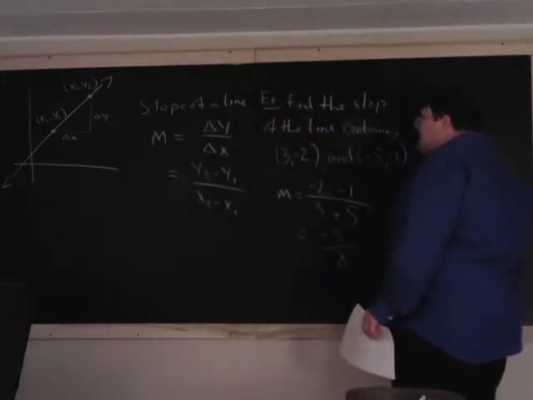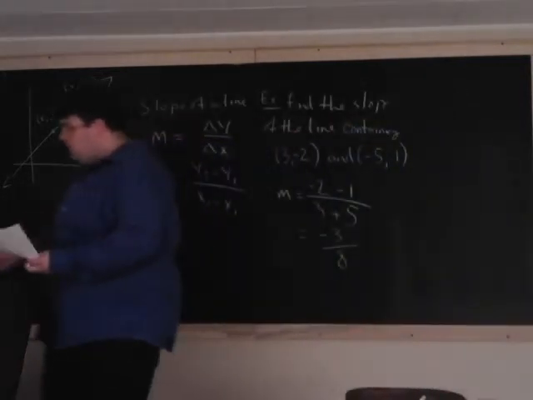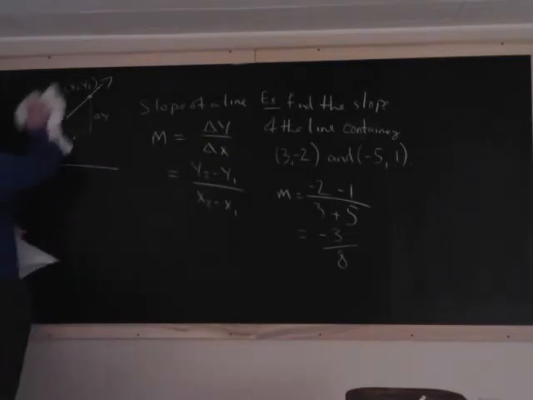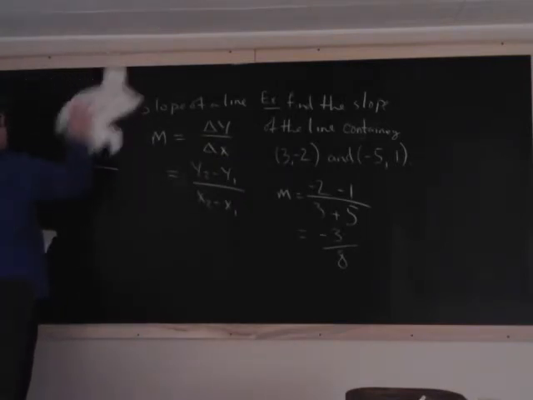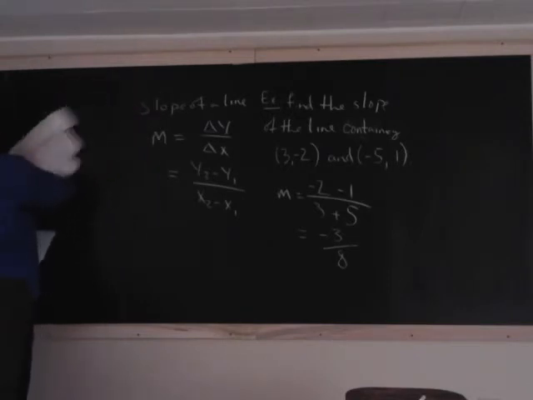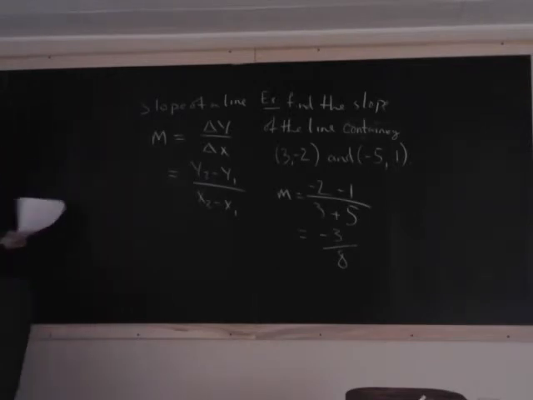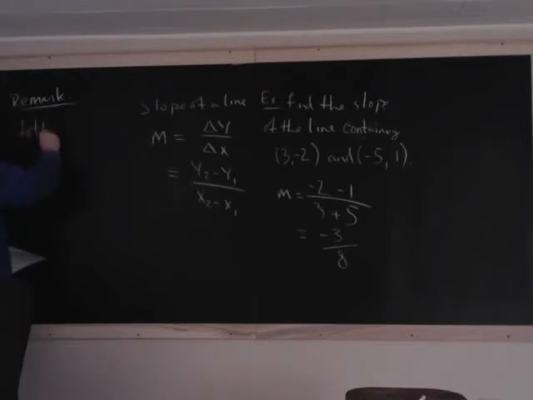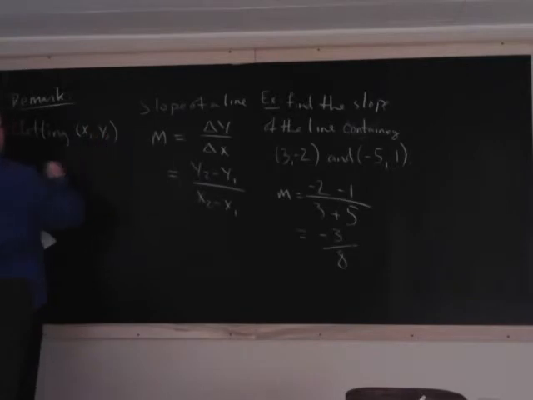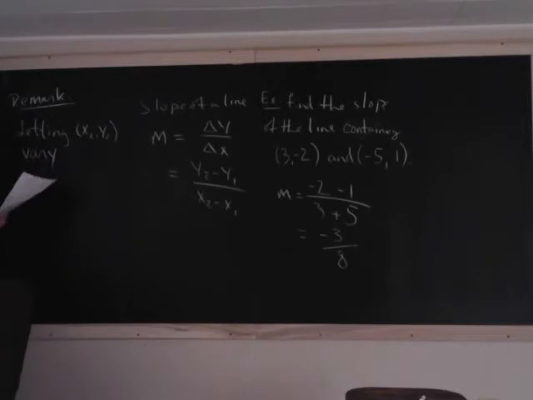So let's write this on the first board, because I probably won't have room on the fourth board. So let's call this a remark. Remark. Letting x2, y2 vary gives us an equation for the line.